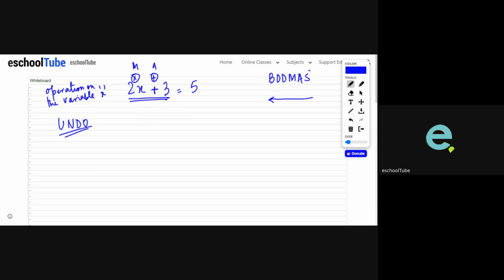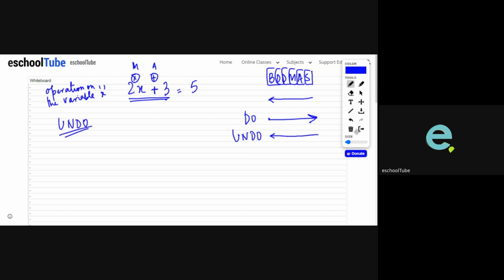So first you undo subtraction, then undo addition, then multiplication, then division, then order, and then bracket. When you are doing operation, you follow BODMAS. When you have to undo, you do the reverse of BODMAS.